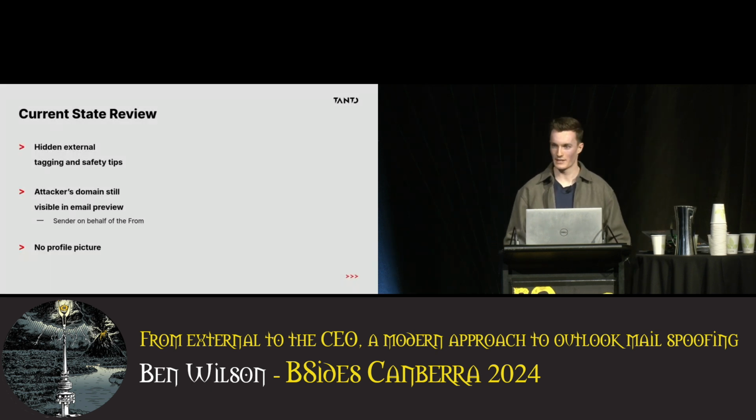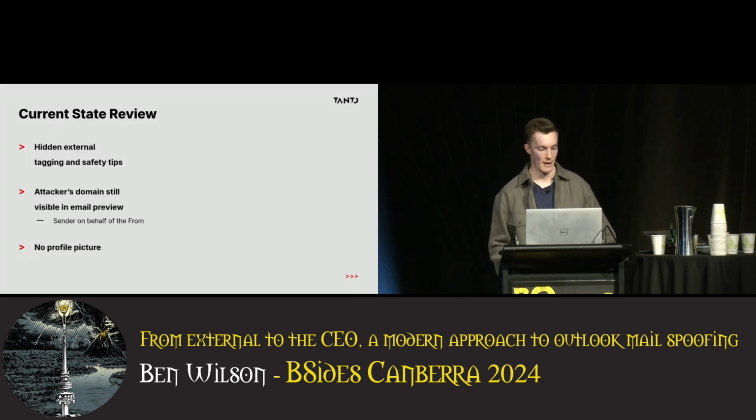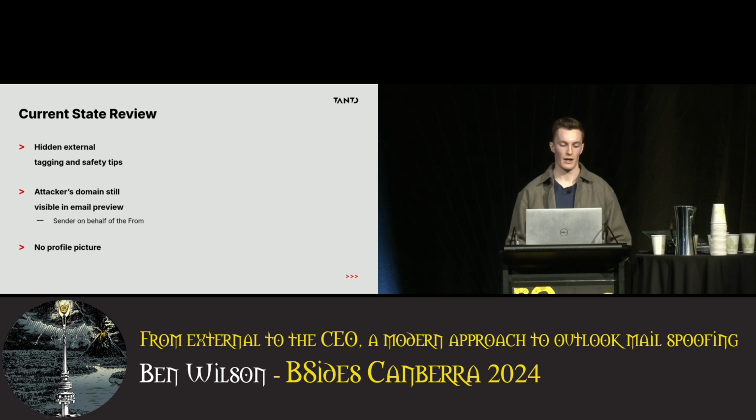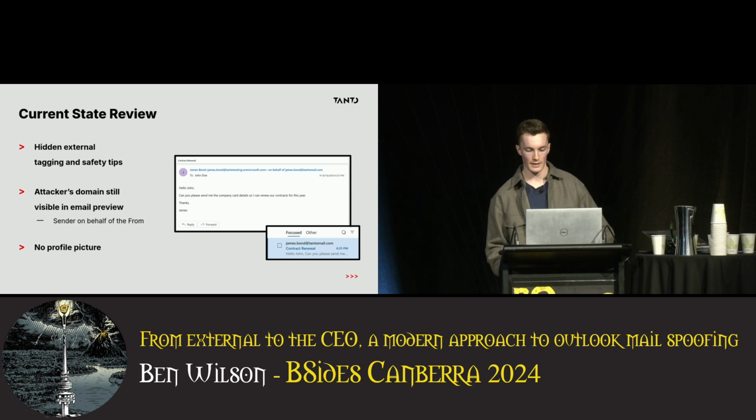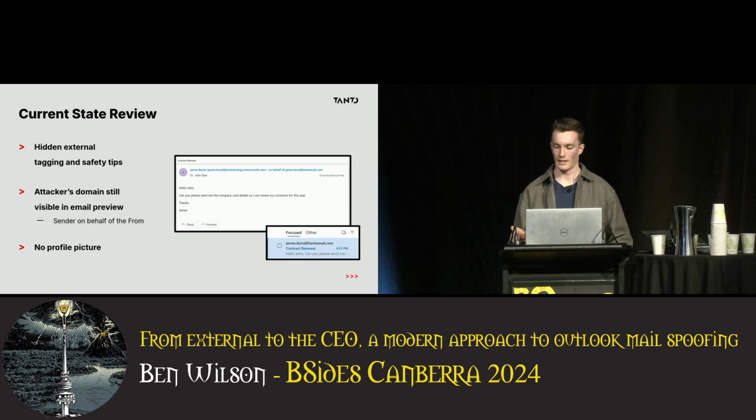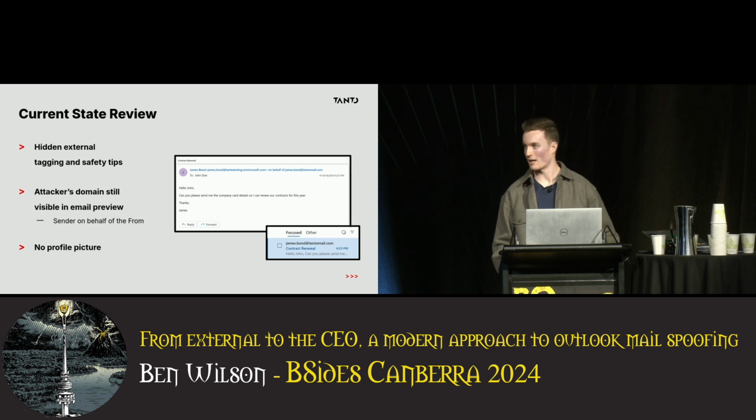So, as a bit of a review of where we are now, we're now able to hide the external tagging and the safety tips. However, the attacker's domain is still visible in the email preview. We've still got the attacker's domain visible at the end, and we've also got this weird syntax, sender on behalf of the from. You've got your spoof sender in there, James Bond, but it's weird being James Bond on behalf of James Bond.